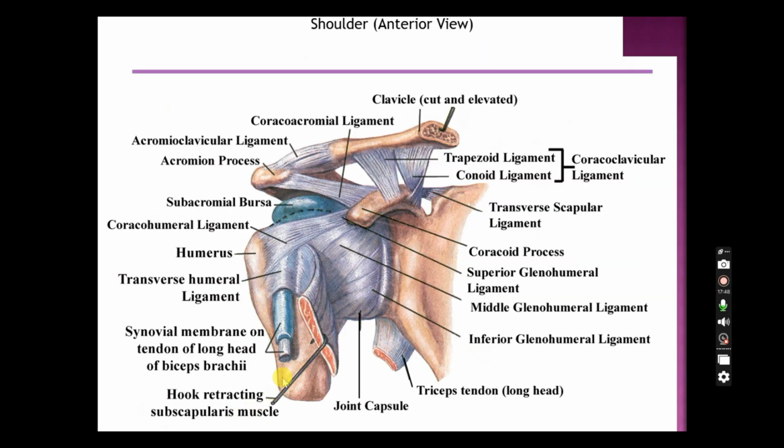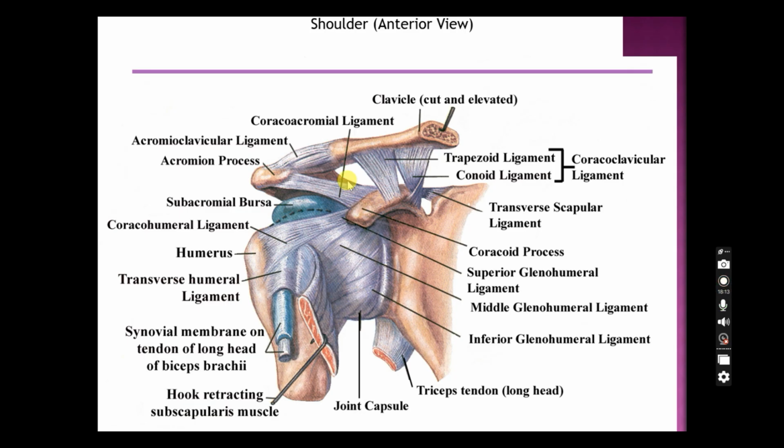Right? So here come the superior, middle, and inferior glenohumeral ligaments. Superior goes to the upper impression, middle goes to the lower impression of the tubercle, and inferior goes to the lower part of the anatomical neck of the humerus.